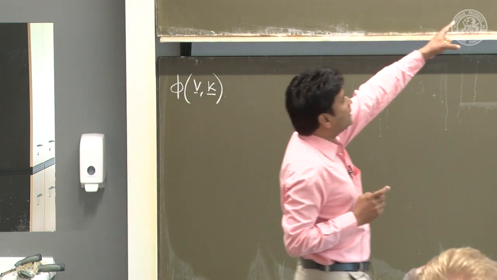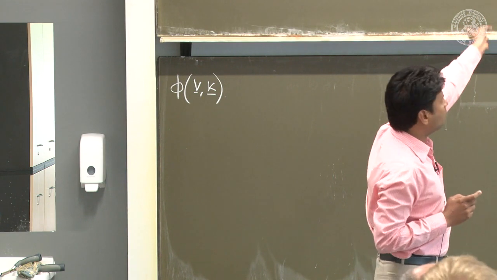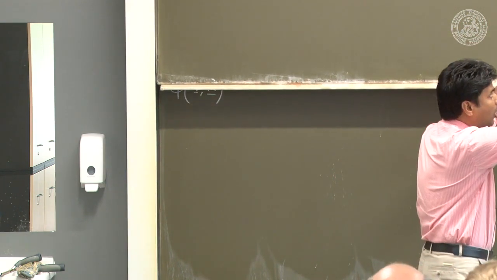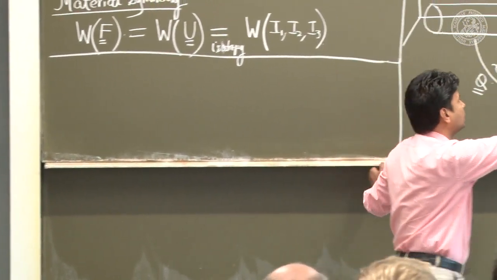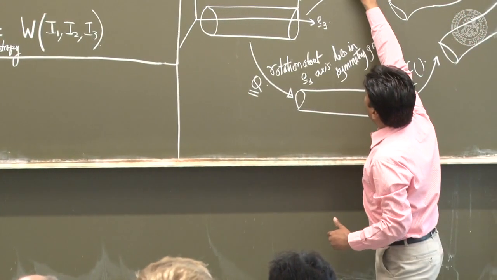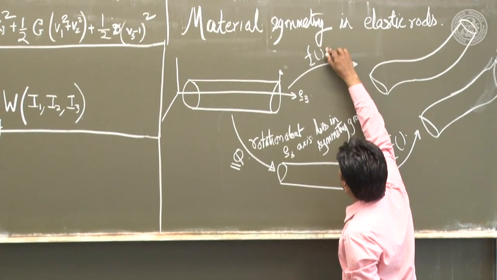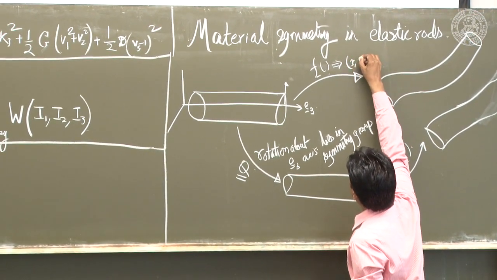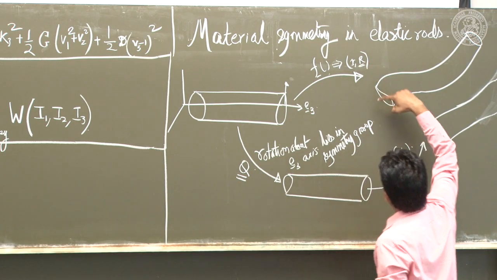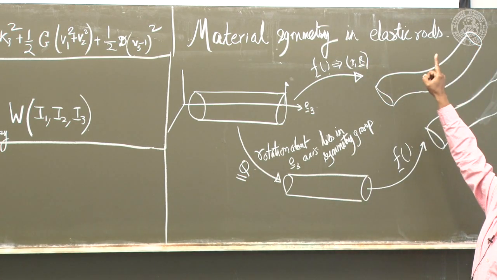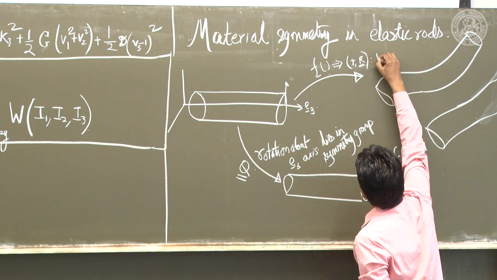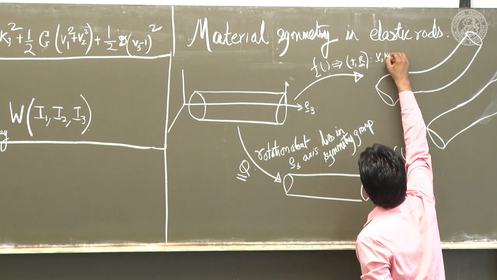So suppose in the first case, when you apply that deformation map little f, the rod deforms in such a way that it generates little r comma capital R in the rod, and the strains are further V and K, okay?